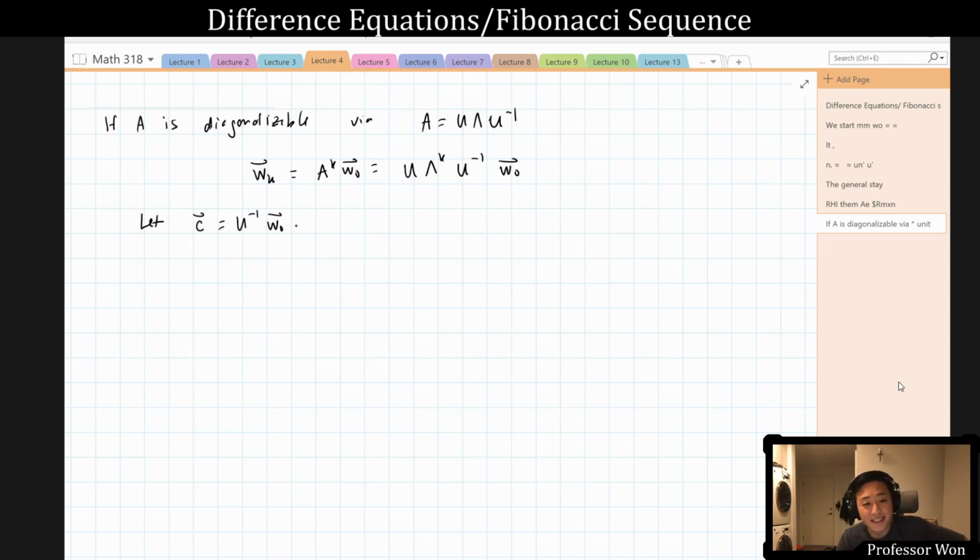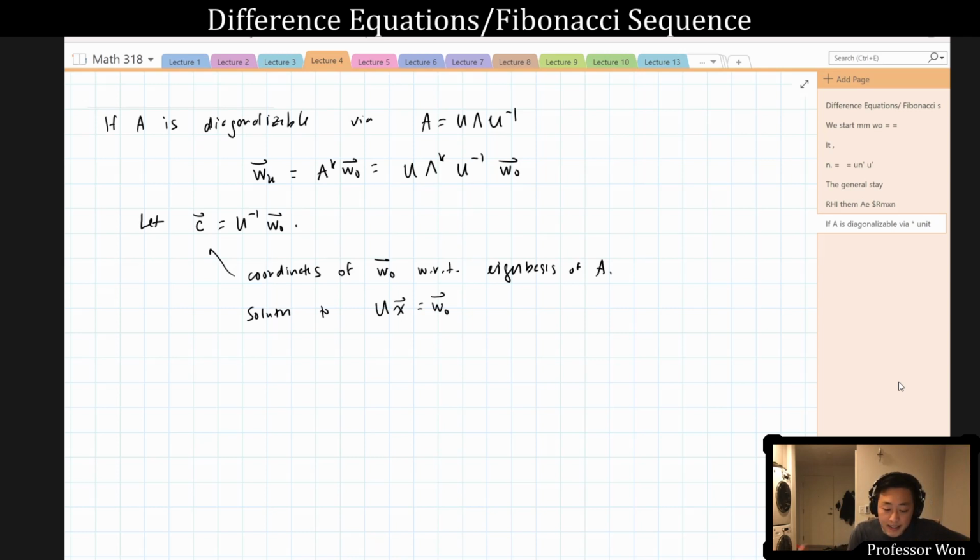This is really just changing basis to the basis of eigenvectors of the matrix. So this gives you the coordinates of w_0 with respect to the eigenbasis of A. And you can actually solve for c, because c is the solution to U times x equals w_0. U times c is w_0 because you can multiply on the left by U.